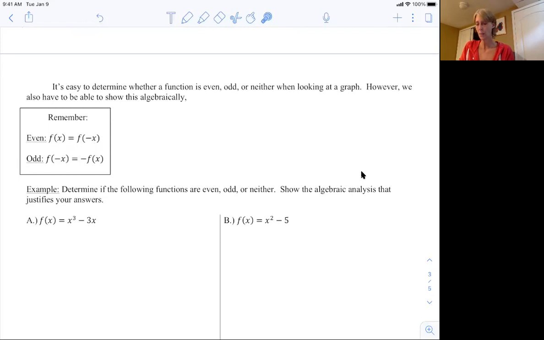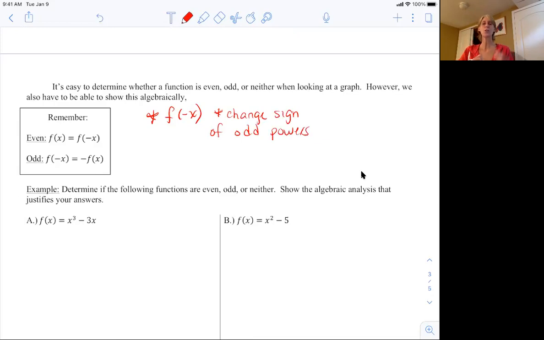And if we want to show something's an odd function, f(-x) is equal to the negation of f(x). And just as a reminder, when we're finding f(-x), we just have to change the sign of our odd powers.